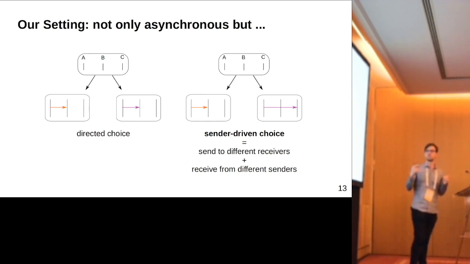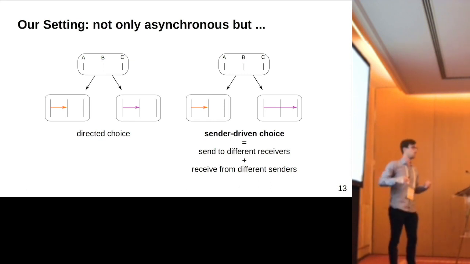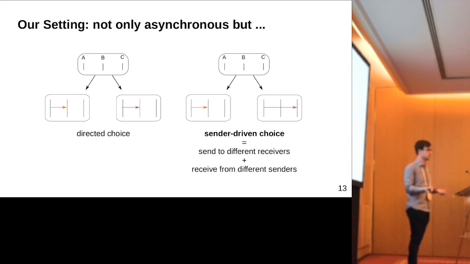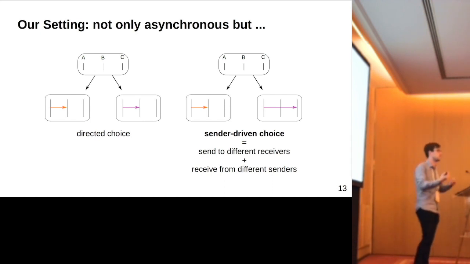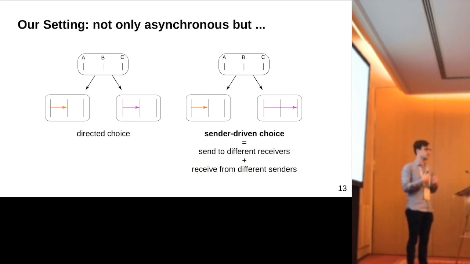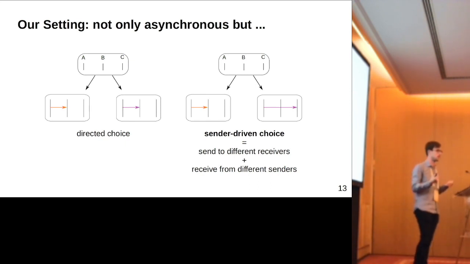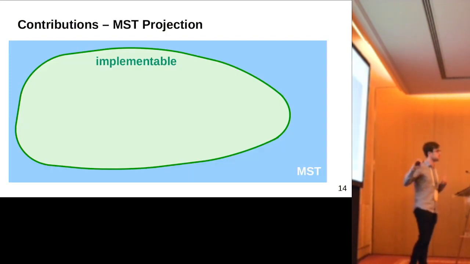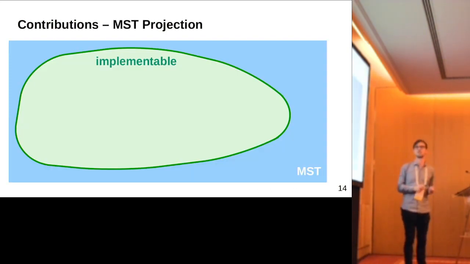So intuitively, this means that you're allowed to send to different receivers, obviously, but if you flip that, it also means you should be able to receive from different senders. This comes with its own challenges, which I will talk about in like 10 seconds probably.